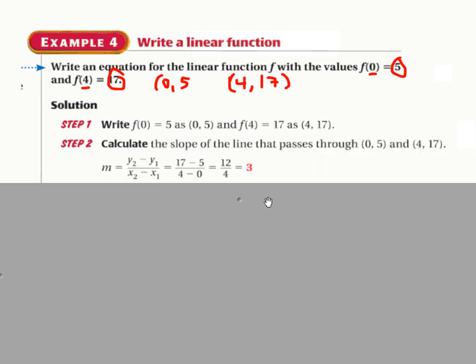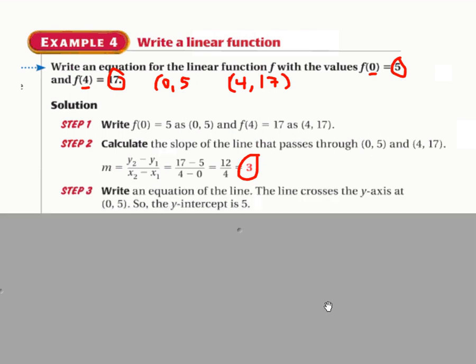All right, next thing I am going to do is calculate slope again using my slope formula since I don't have a graph in this case. So I am doing my y values subtracted, so 17 minus 5, over 4 minus 0. Remember, it always goes y over x, which equals 12 over 4, which I then get 3. Okay.